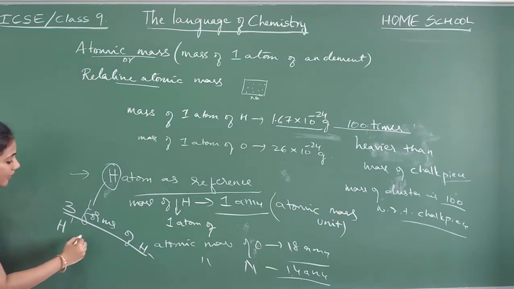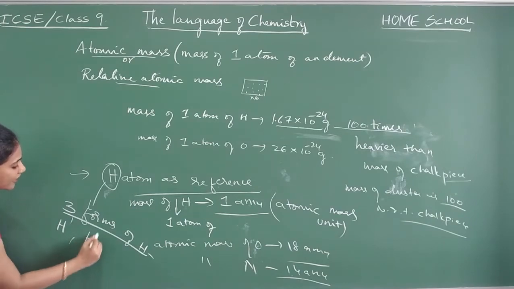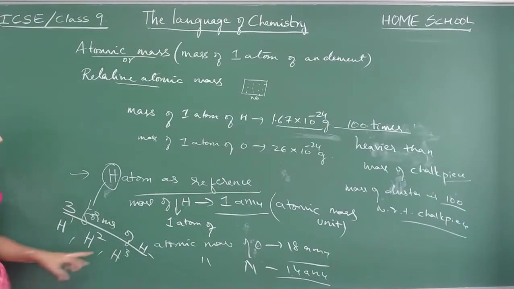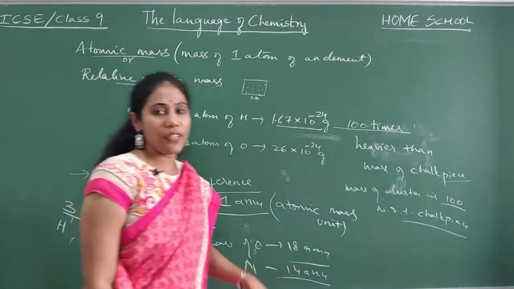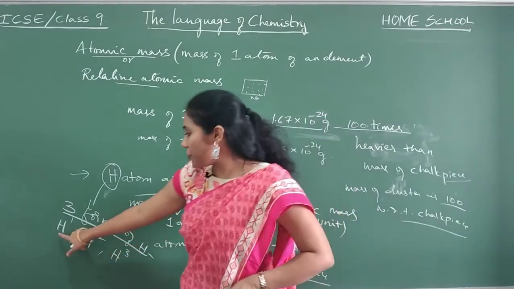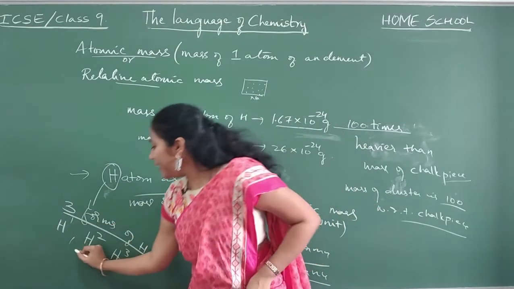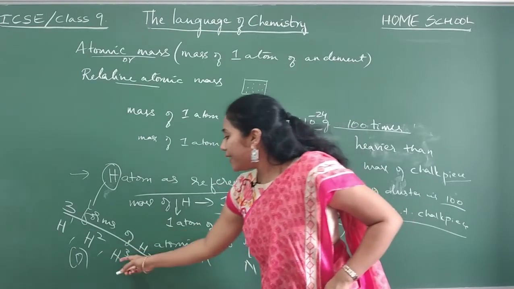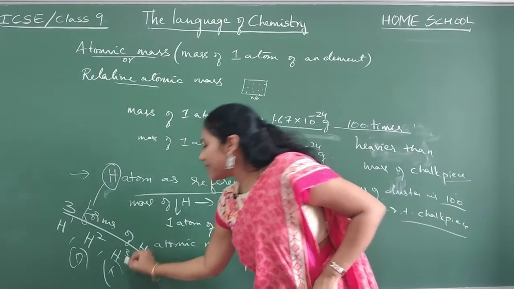The second one is deuterium, which has atomic mass 2. And the third type of hydrogen is tritium, which has atomic mass 3. The masses are different. So hydrogen has atomic mass 1, deuterium, which we can write as D also, has atomic mass 2, and tritium has atomic mass 3.